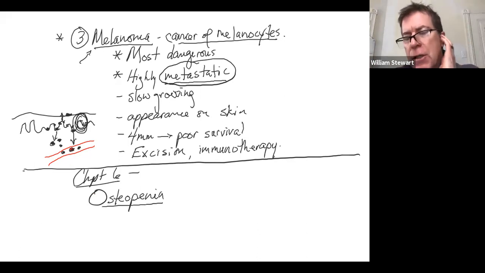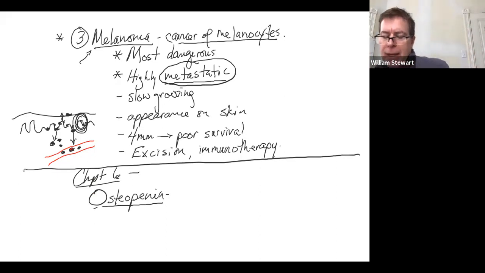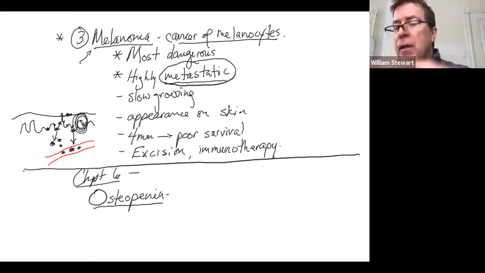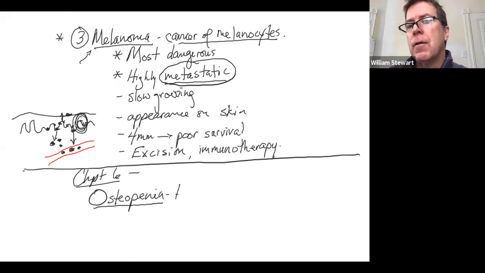This condition, osteopenia, translates to lack of proper ossification. That's what it literally means, but in layman's terms, it is just the thinning of our bones that normally or typically occurs with age. So this is thinning of bones.